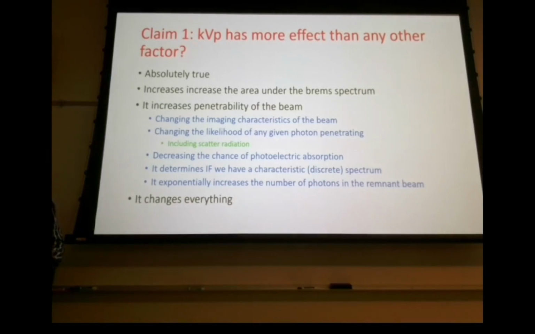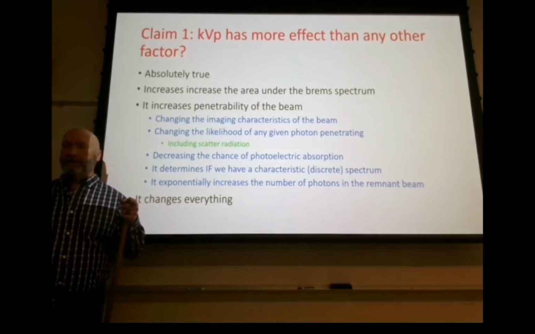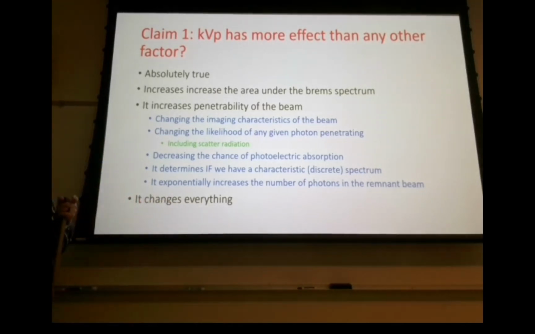And then we've got X-ray photons that can enter the patient, bounce around, then absorb. So between bouncing around and exiting the patient, and bouncing around and absorbing, that's where the difficulty comes in with scatter radiation and what happens with kVp. More on that later.